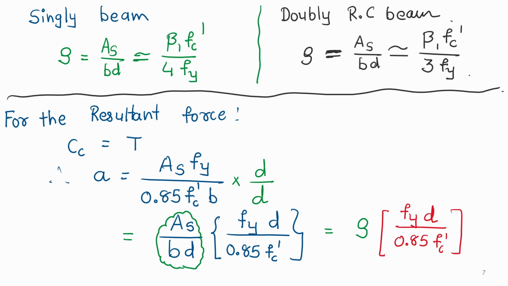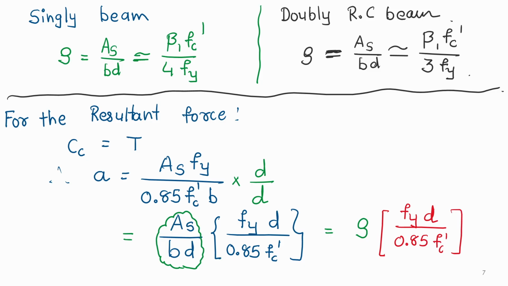Using the equilibrium equation for the resultant forces, where the compressive force in concrete has to be equal to the tensile force, we can determine the depth of the Whitney block as area of steel times Fy over 0.85 times f'c times b.